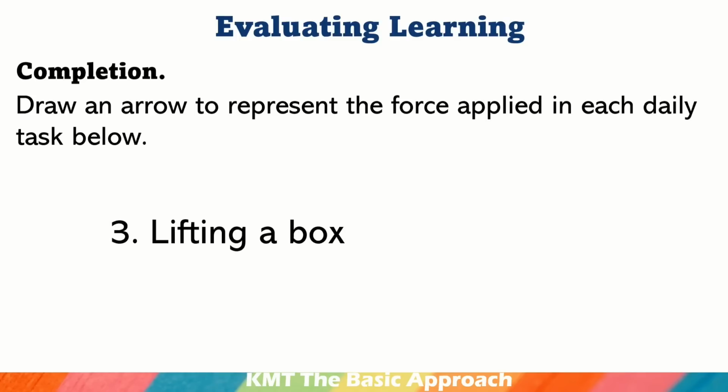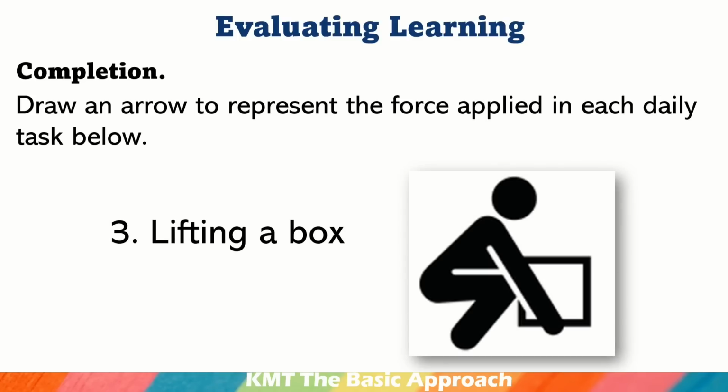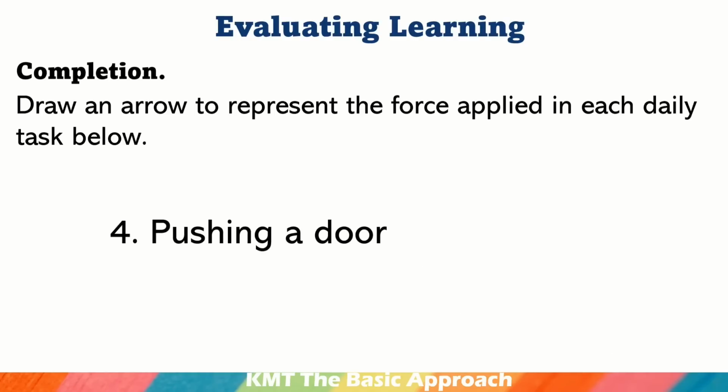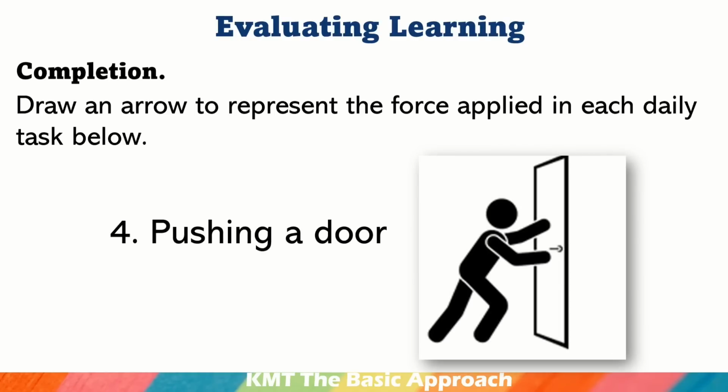Number 3. Lifting a box. Where must we place the arrow? Great! We will place the arrow upward. Number 4. Pushing a door. Where must we place the arrow? Good job!